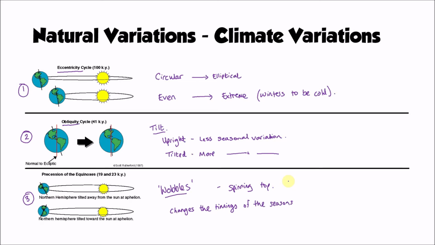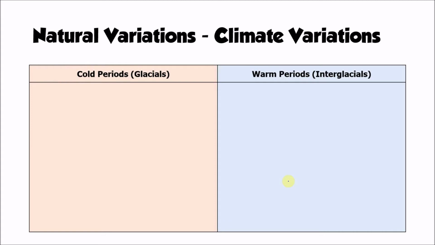Ultimately, all of these variations in the orbit of the Earth are causing our climate to vary naturally over long periods of time. What this does then is it causes the Earth to swing between colder and warmer periods, what we call glacial and interglacial periods.